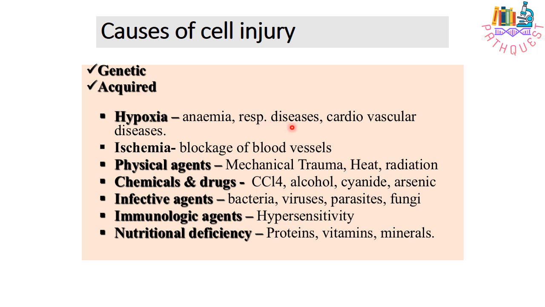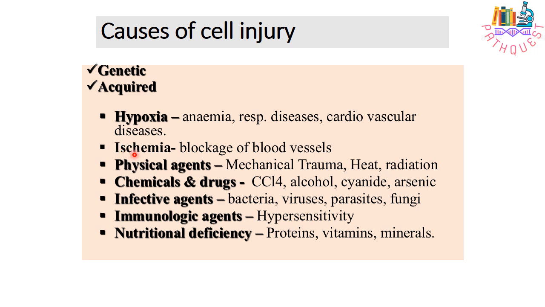Respiratory diseases can also result in hypoxia because lungs are the primary organs where oxygenation of the blood occurs. Cardiovascular system is responsible for supplying oxygenated blood and removing deoxygenated waste from the tissues. So cardiovascular diseases will also result in tissue hypoxia.